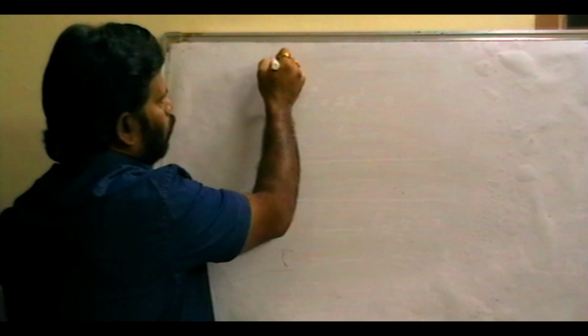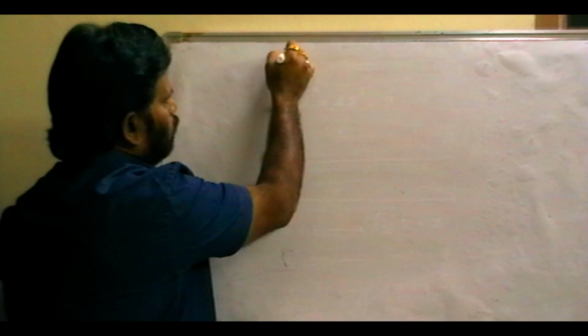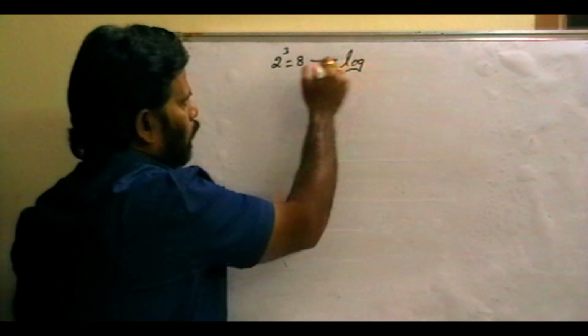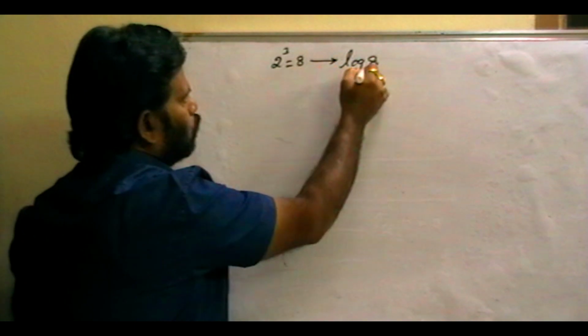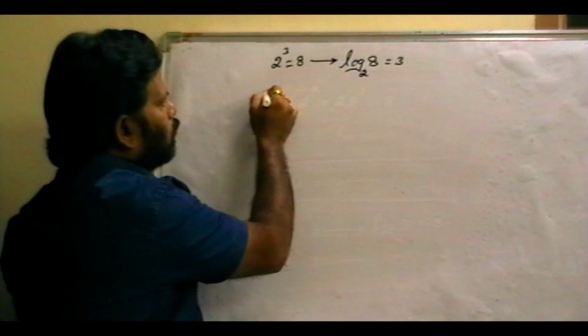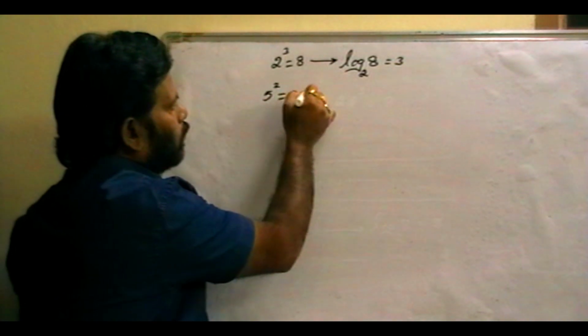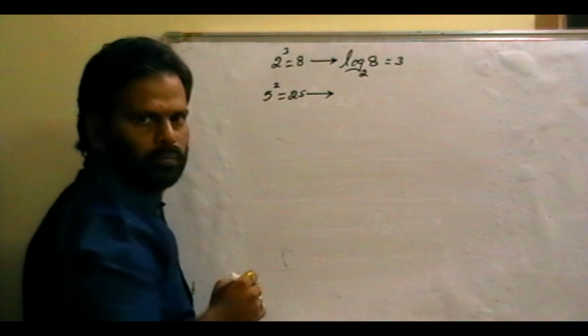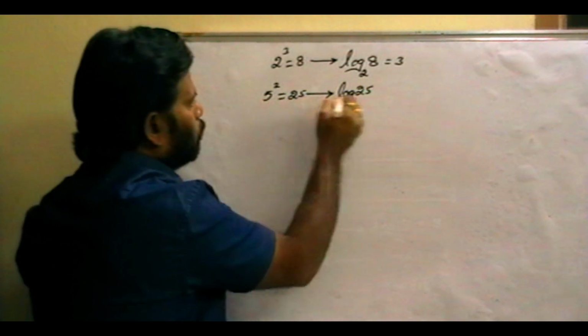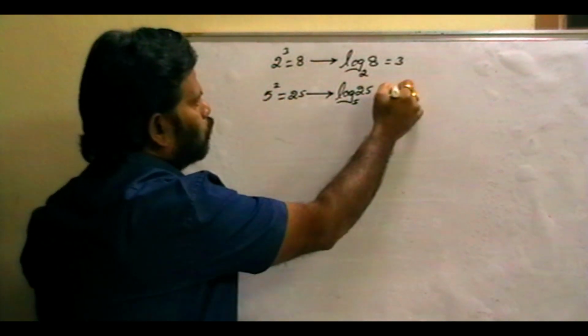Suppose for example 2 power 3 is equal to 8, then change into logarithmic form: log 8 to the base 2 is equal to 3. Suppose 5 square is equal to 25. Now change into logarithmic form: log 25 to the base 5 is equal to 2.